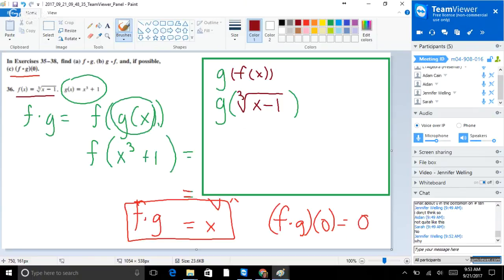That's the value that I'm going to plug into g. My function g is x cubed plus 1. If I can get my pen to work. But we're not actually going to put in x, right? We're putting in f of x, which is the cube root of 3x minus 1, all cubed.